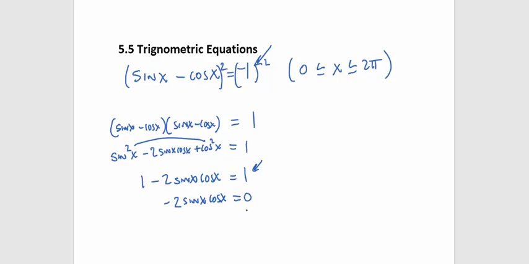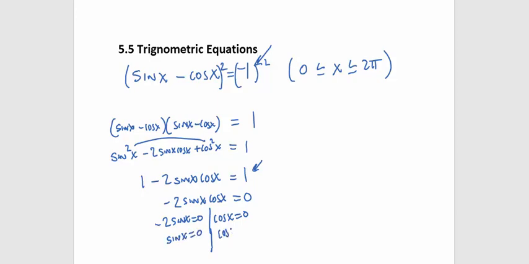Now, I'm ready to actually do this. I've got two different factors. It won't matter now that I have a sine x and a cosine of x here. So I'm going to go ahead now and say, well, when does negative 2 sine of x equal 0? And when is cosine of x equal 0? So really this boils down to on both sides just when it equals 0. When does the sine x equal 0?